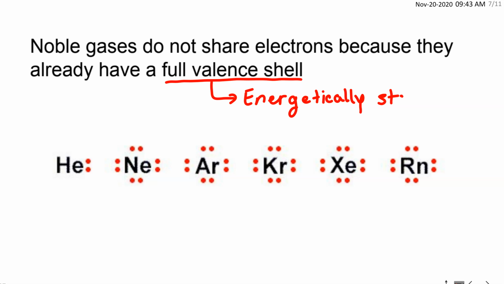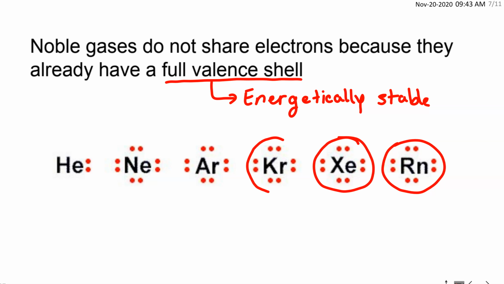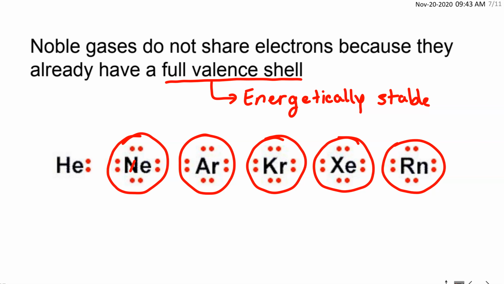Energetically stable. Okay, notice that each noble gas already has 8 valence electrons. Since they already have 8, that means their electron shell is full. They have ns2 np6, where that n is whatever row they happen to be in.